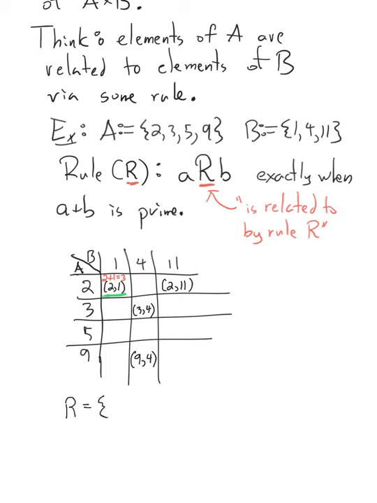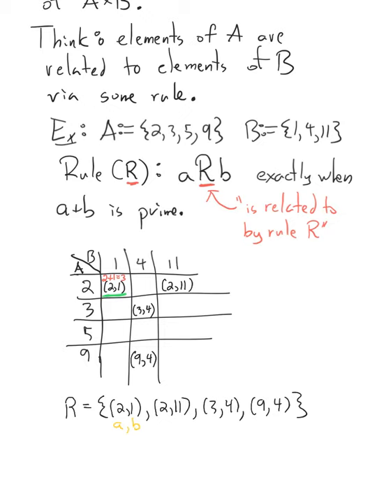So the set R is (2, 1), (2, 11), (3, 4), and (9, 4). And remember, these are ordered pairs, so the first element is always from A, and the second element is always from our set B. Actually, let me write them in capital letters.